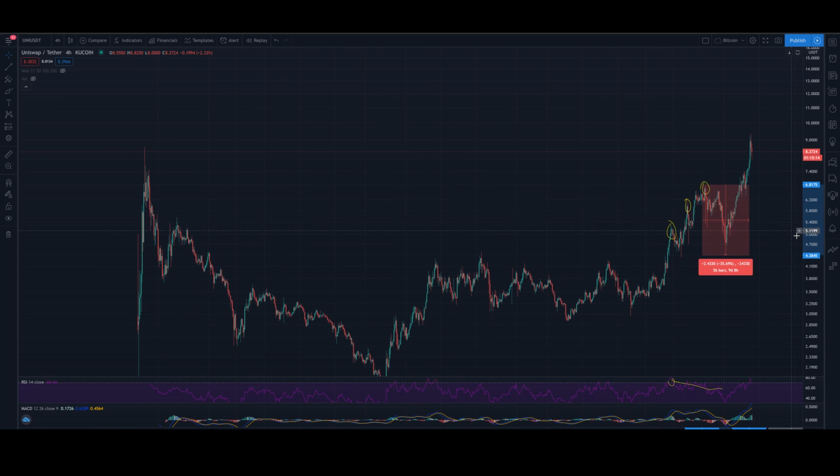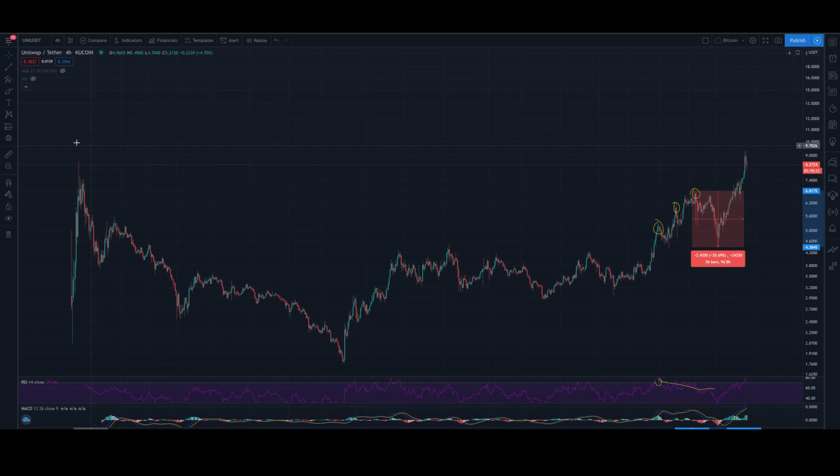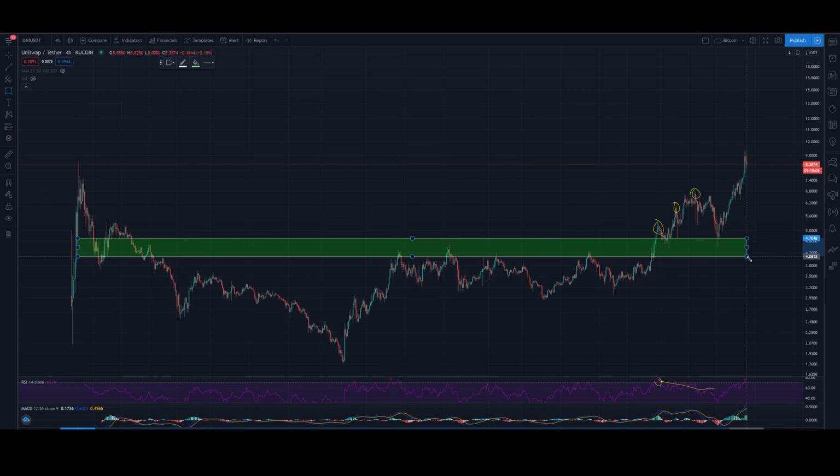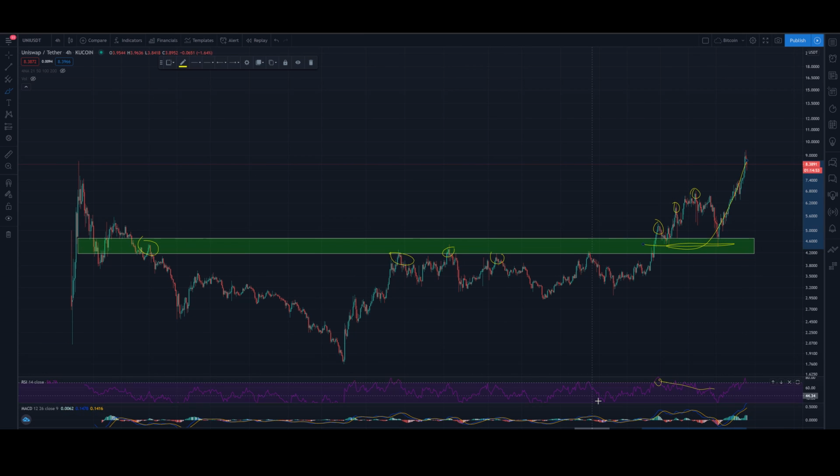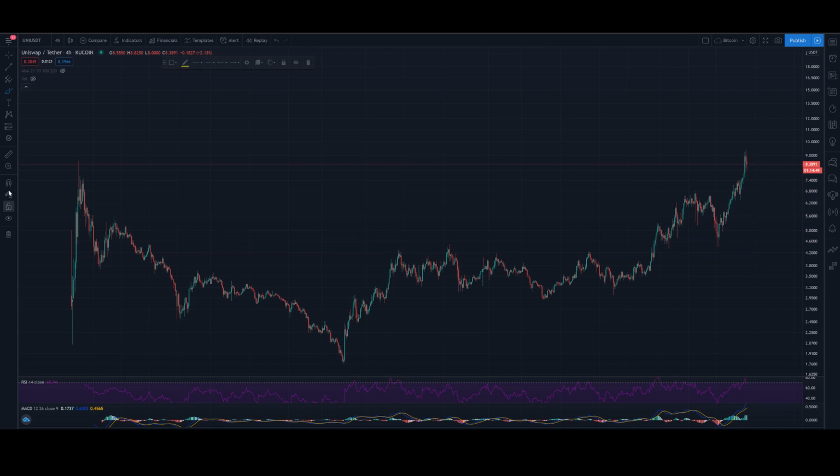All right, now if we zoom out and draw the support trend right here, you can see that the old key resistance, where I've drawn these many rejections here, has become the floor to propel Uni much higher. Another thing to look at, Uni has created a double bottom.